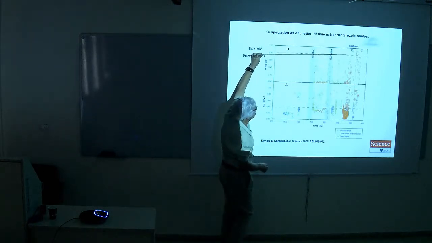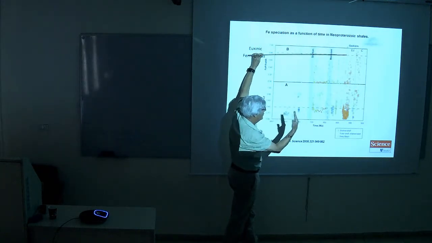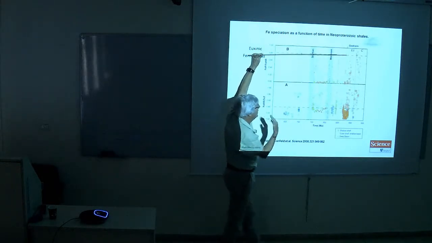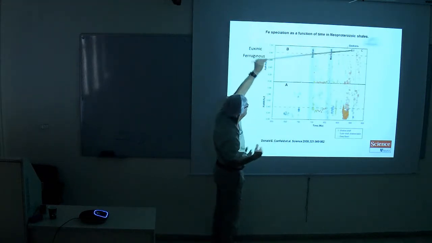So this is the basis of the proposal that the oceans became ferruginous for a 200 million year period of time.